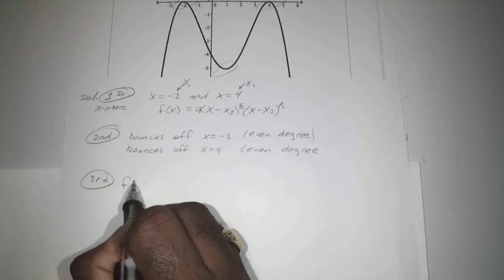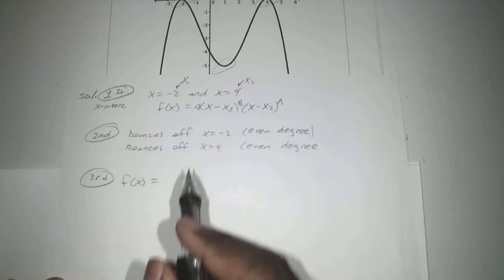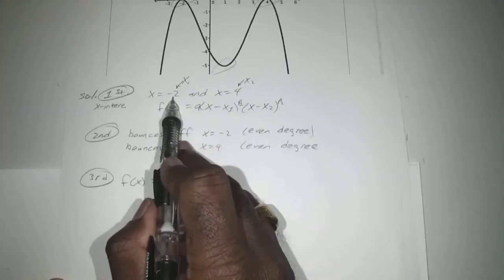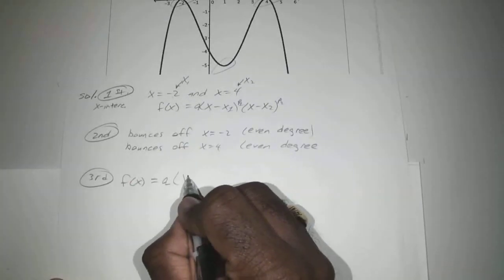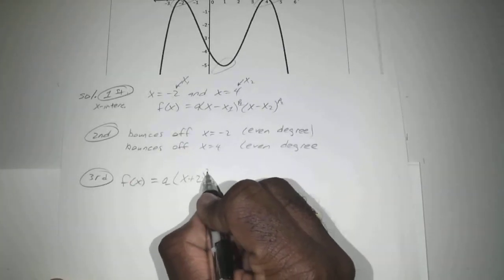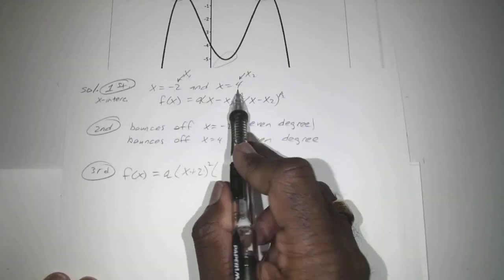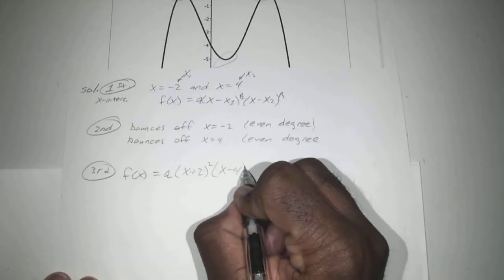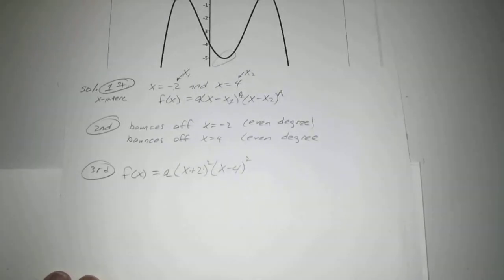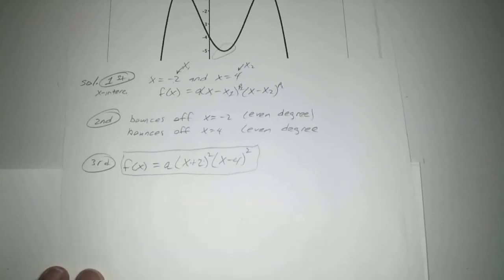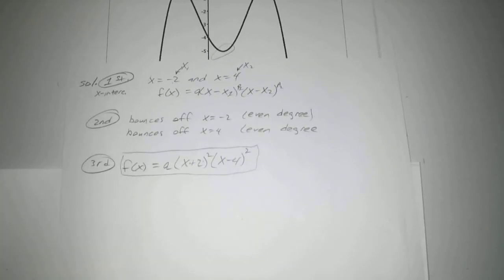Okay, so that's going to give us f of x equals a times x minus -2, so x plus 2 squared times x minus x2, so x minus 4 squared. Okay, so we have our degree 4, and we have the largest part of our polynomial.